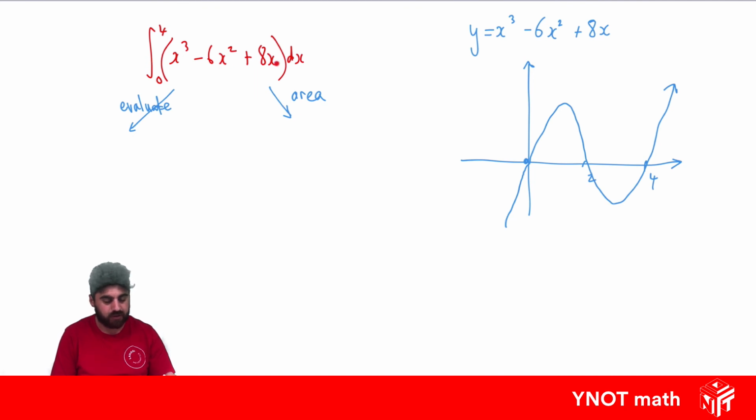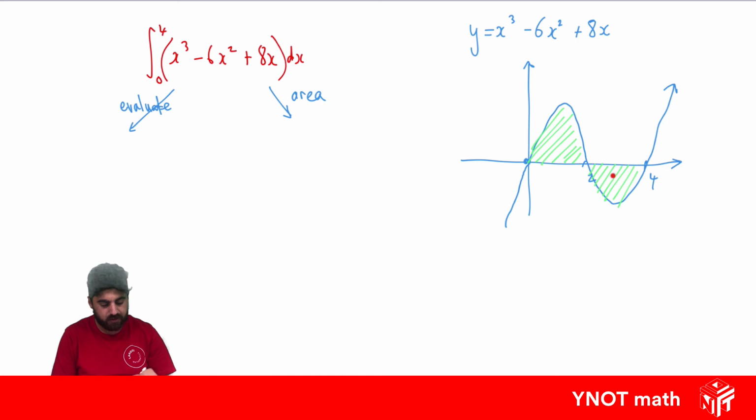We just evaluate the integral like we normally would. We'd sub in the values, and whatever answer we got, we'd just get. But if we're asked to find the area, we need to consider any area below the x-axis and make it positive. So in this case, the area that we're looking at would be these two.